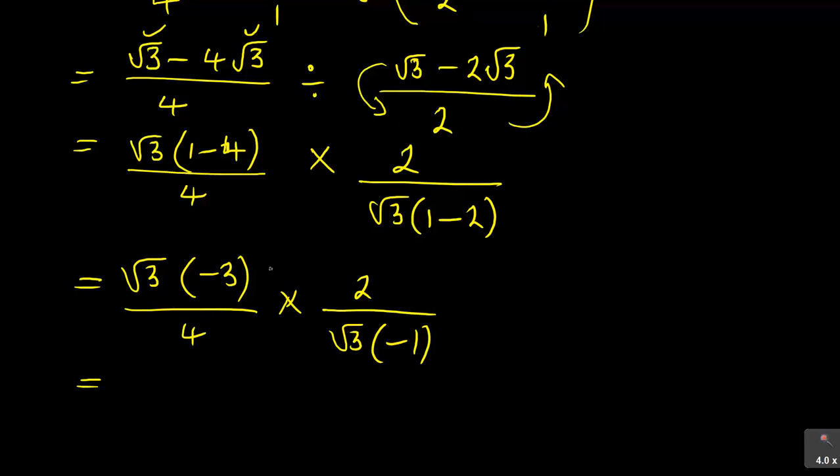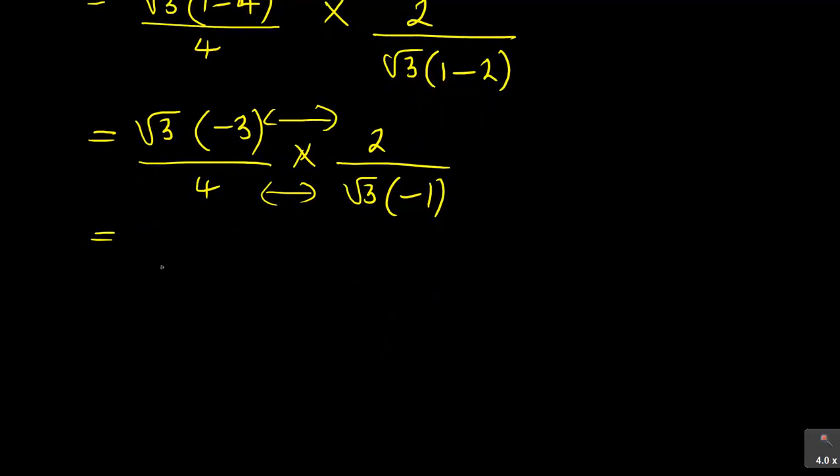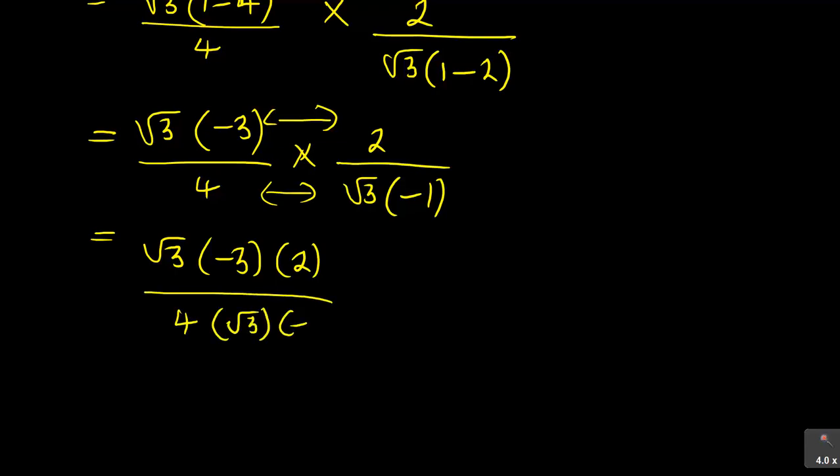So when you remember this, the top multiplies and the bottom multiplies. So in a way, you are simply having here root 3 times minus 3 times 2 over 4 times root 3 times minus 1, so that you can see that this simply cancels that, and the 2 into 4 goes 2 times, and the negative sign will neutralize the negative sign, so that what we have on top, we've got that.